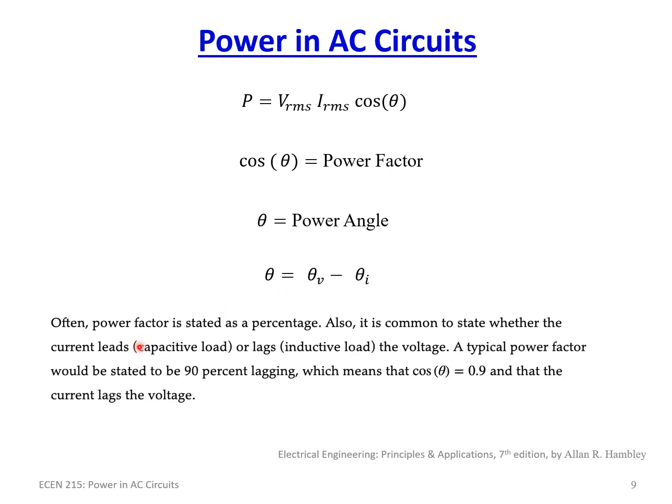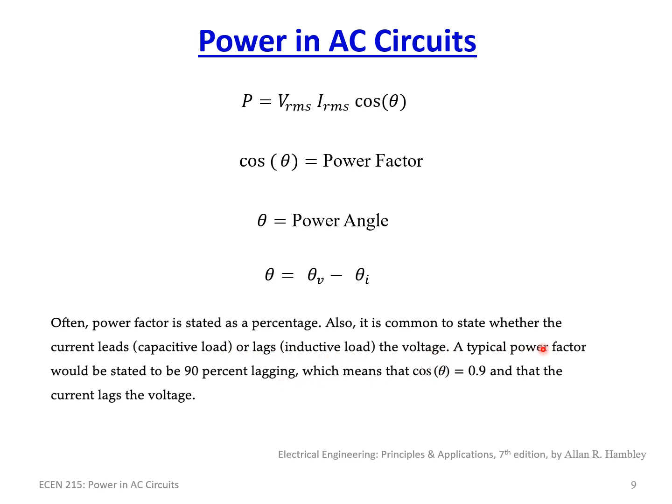Sometimes it's stated as a percentage, and that's just because, again, cosine is all about plus or minus 1. And then they say something to give you the negative and positive part. Current leading, capacitive, basically it's a capacitive load. That will be your negative. If it's an inductive load, it lags.